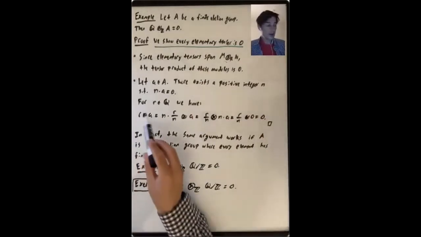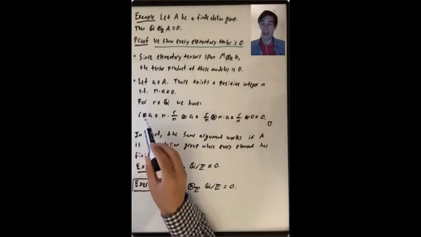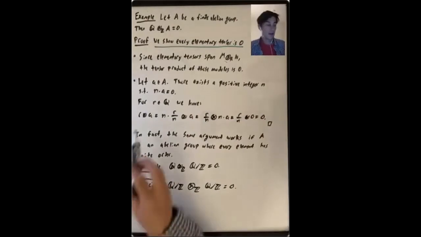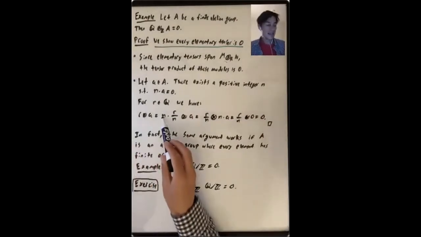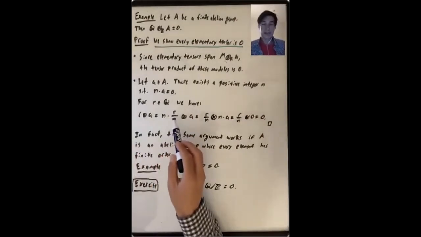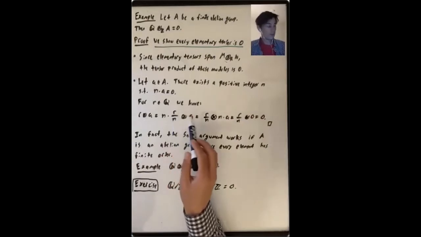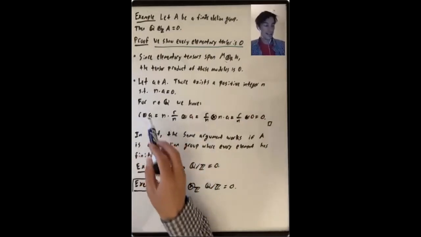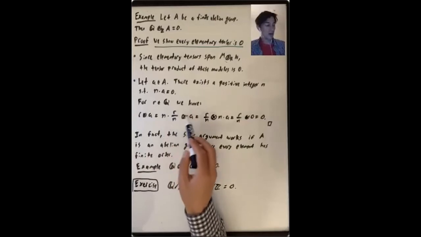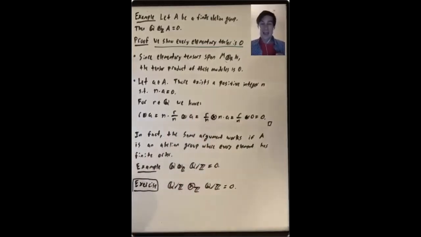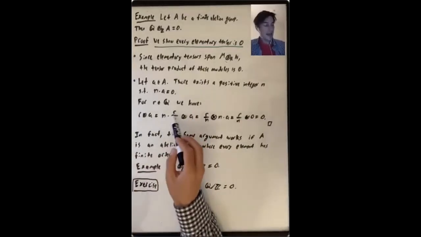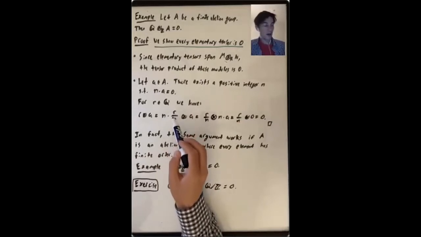So we have to show that this simple tensor, elementary tensor, r tensor a, is 0. But r is n times r over n, which is also an element of Q. So r tensor a is n times r over n tensor a, and this is the integer n acting on the element of Q, r over n.